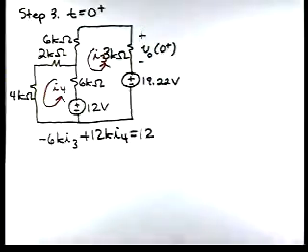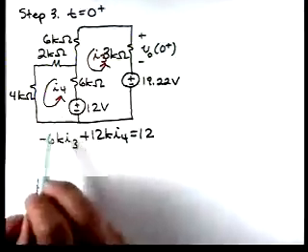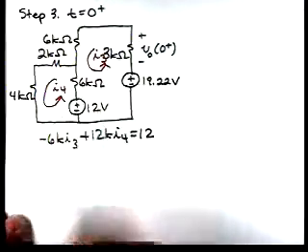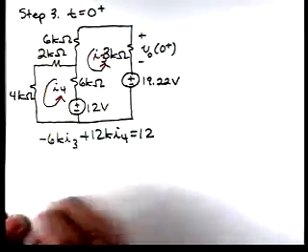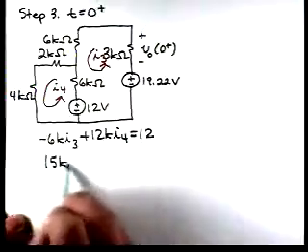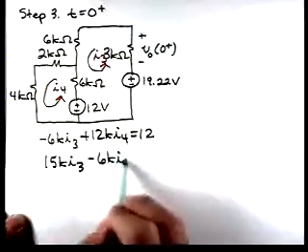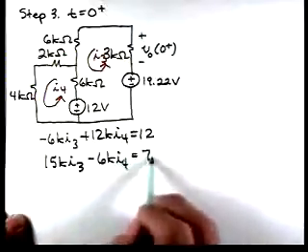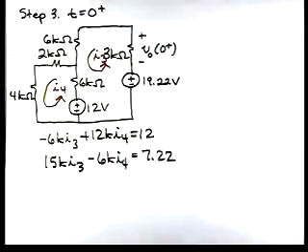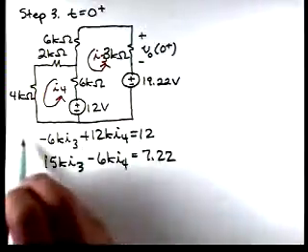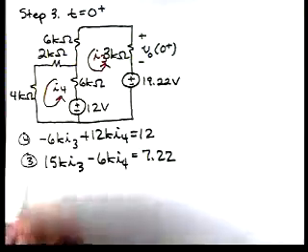Okay, that's the equation for this mesh. Now for this mesh, we'll wind up with 15K I3 minus 6K I4 is equal to 7.22. So here's for mesh 4, here's for mesh 3.